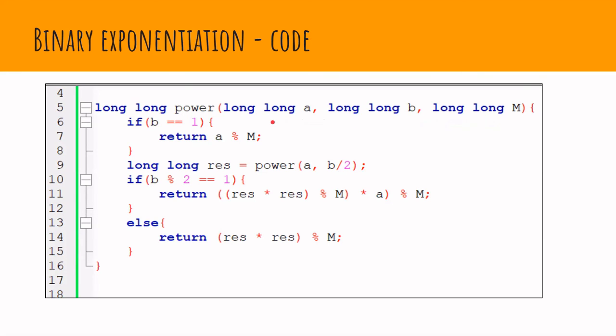Here I'm taking a third argument m. Now in my base condition, instead of returning a, I am returning a modulo m. For the remaining part of the code, I am just doing the modulo operation on it, so that even if it exceeds m, it will be reduced to a value which is less than m.